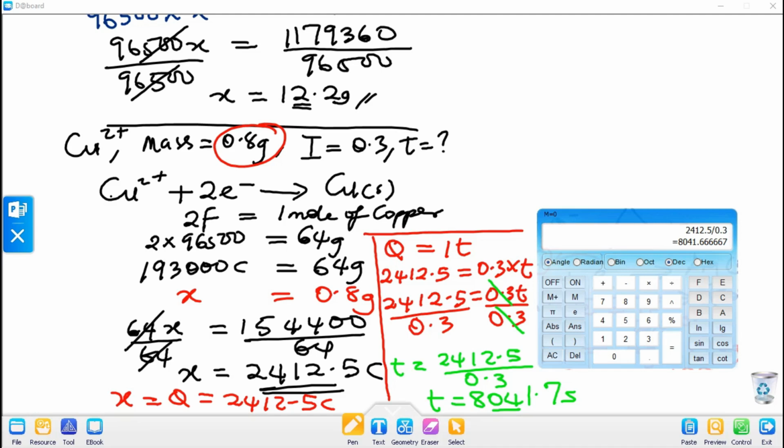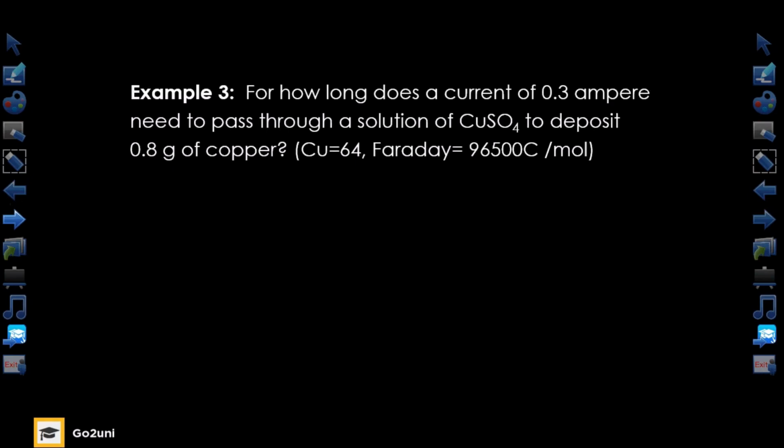So this is actually how to calculate questions that involve masses and time.